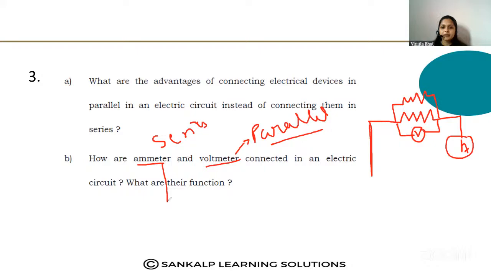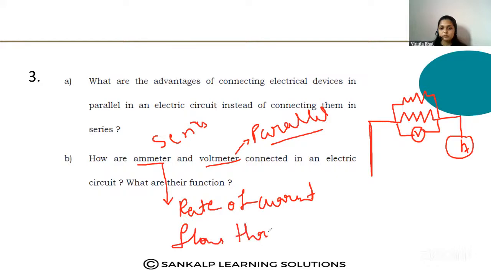This ammeter measures the rate of current flow through the conductor. Then the voltmeter measures the potential difference.